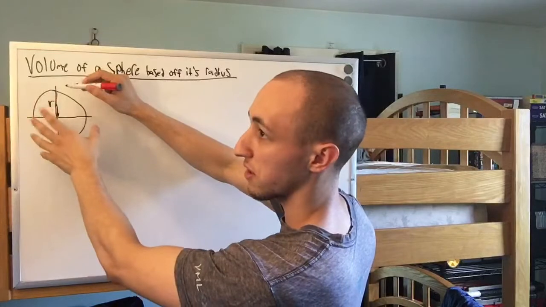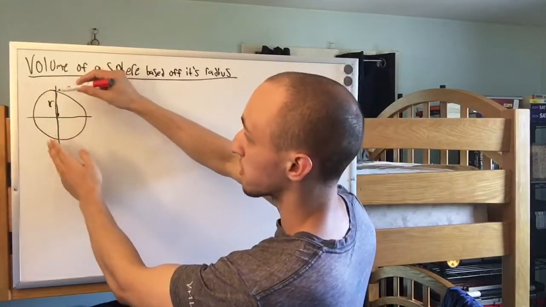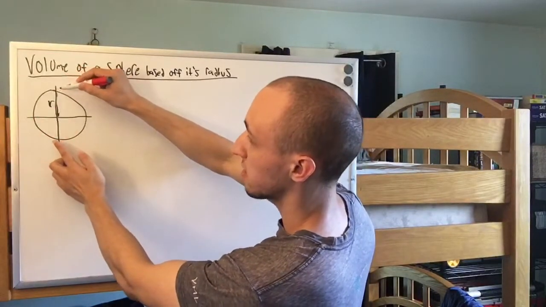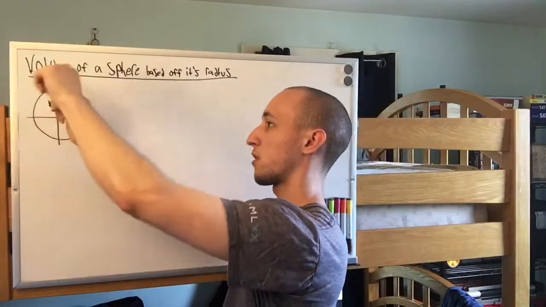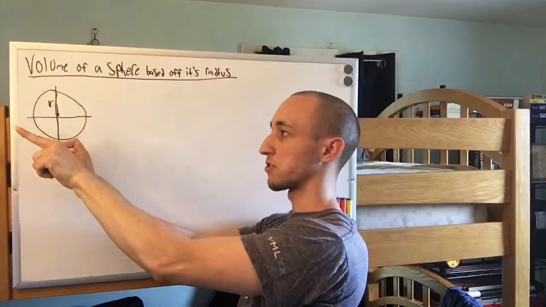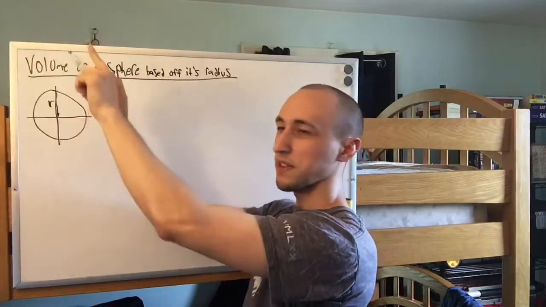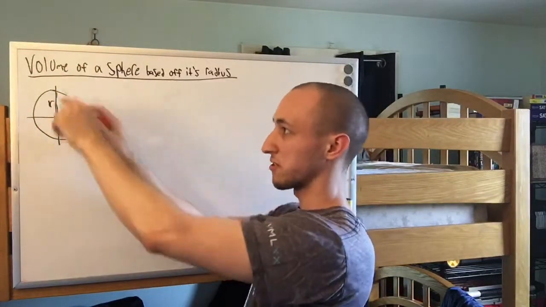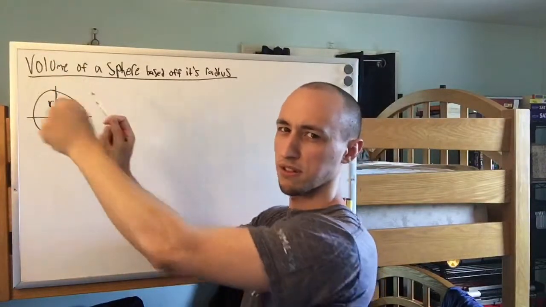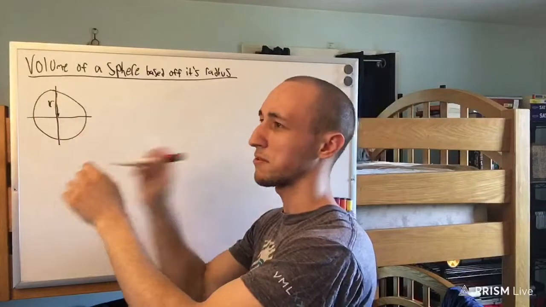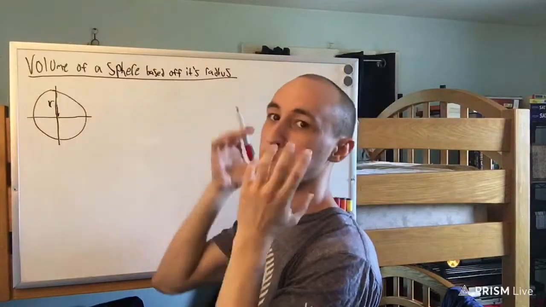Once we get to the halfway point, the cross-sectional area will be a circle, like this circle but turned 90 degrees. Does that make sense? I hope you guys can imagine what I'm seeing in my head.